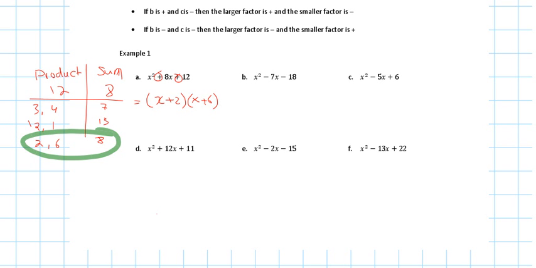Pick one so we can do it together, and I'll give you the rest to do. Last one. Okay. X squared minus 13x plus 22. What am I looking for? Multiply to 22 and add to what?